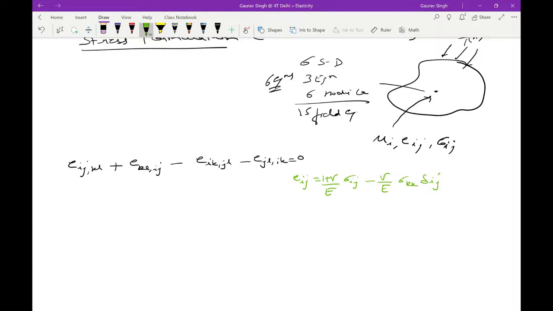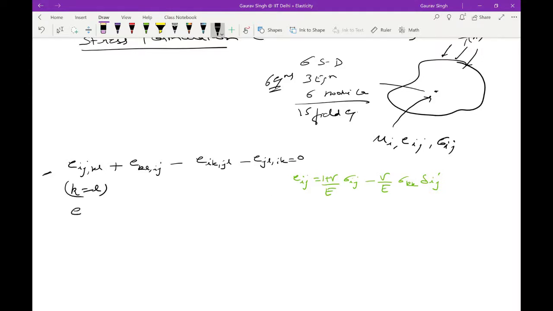Before we do this, as is given in the second chapter, how do we actually reduce this 81 term system to 6? We do it by contraction, which we have practiced several times now. What we'll do is put k equal to l in this one.